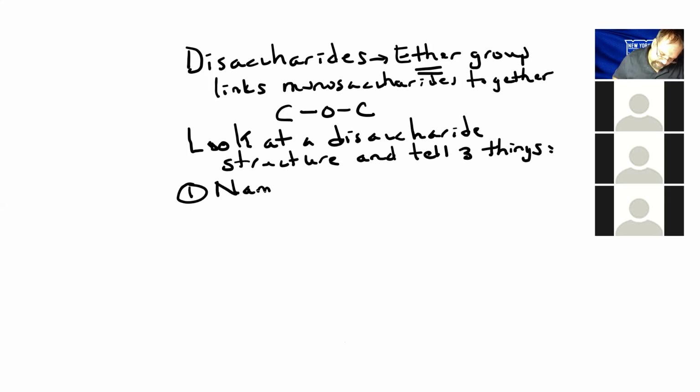First off, you have to be able to name the linkage. Now, how do we name the linkage?